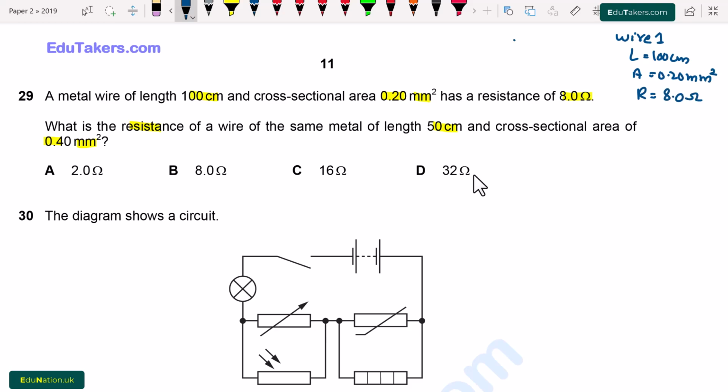For the second wire, length is 50 centimeter, area is 0.40 millimeter square, and we have to find out the resistance. It is also given that both of the wires are made from the same material. So the resistivity of both of these wires should be the same.